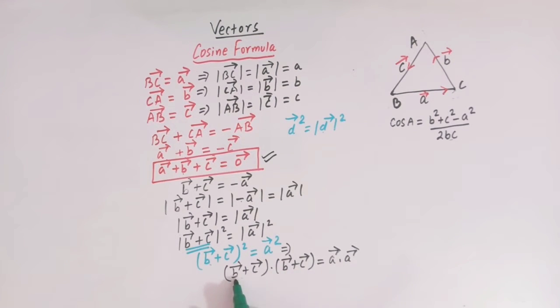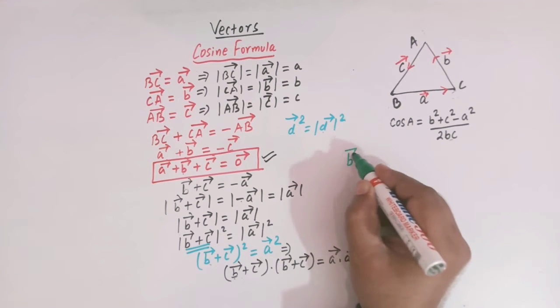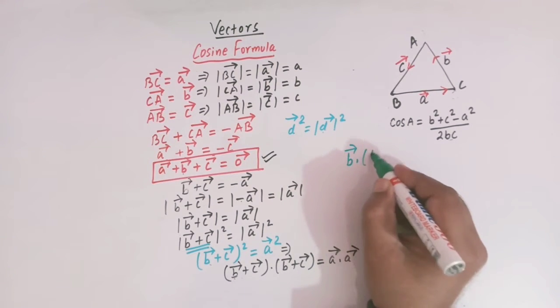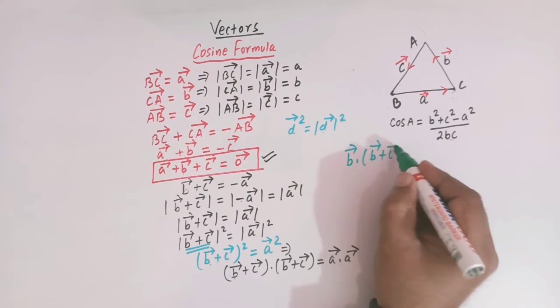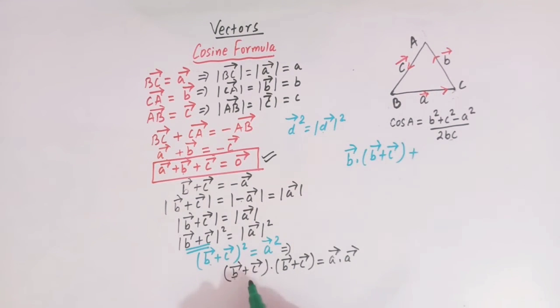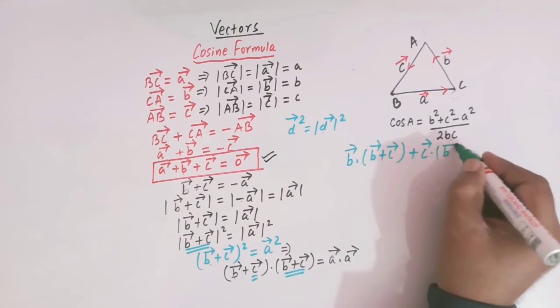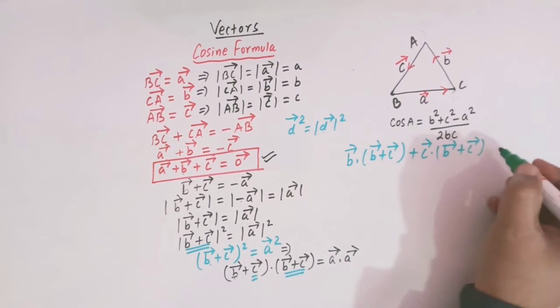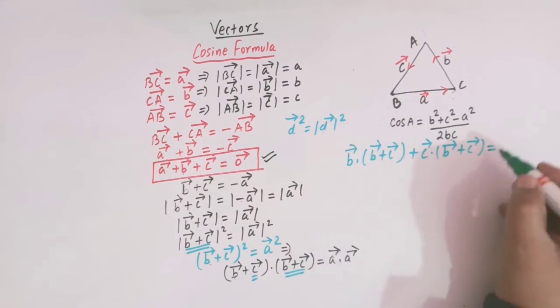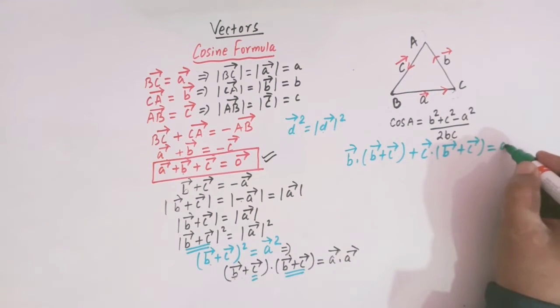First we take the dot product of vector b with the sum of vectors b and c, so we have b dot (b plus c), plus then the dot product of vector c with this, so c dot (b plus c), and here we have a dot a.